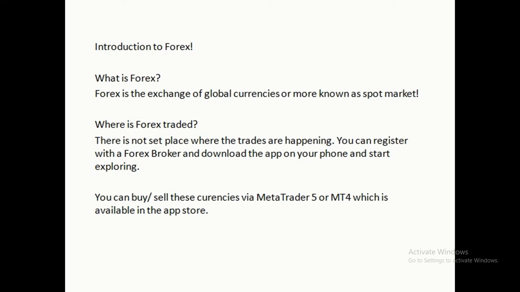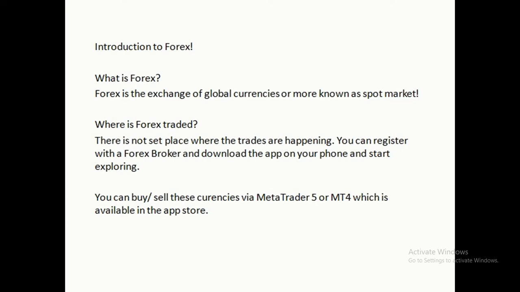Aside from currencies, Forex does not only deal with buying and selling of currencies. We also have many other assets that you can trade. The first, which we talked about before, is currency. You can exchange one currency for the other, like United States dollar against Great Britain pound, United States dollar against euro, and other currencies.